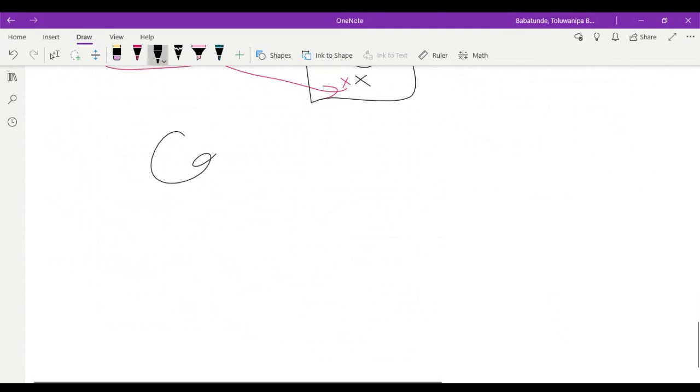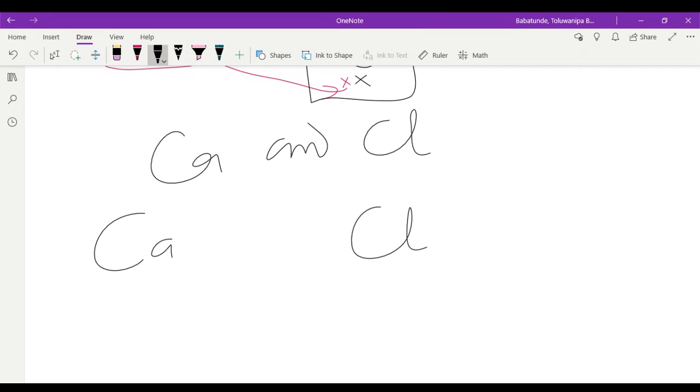Want to do calcium and chlorine atom. Again, we draw the Lewis structure for Ca. We draw for chlorine. Ca is going to have 2 valence electrons, and chlorine is going to have 7 valence electrons.